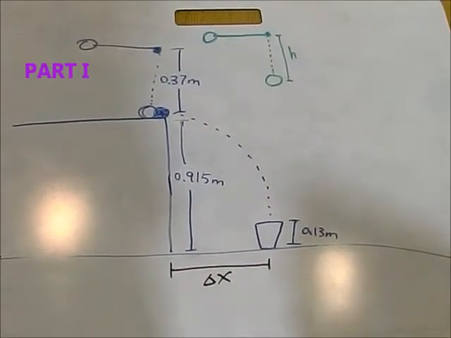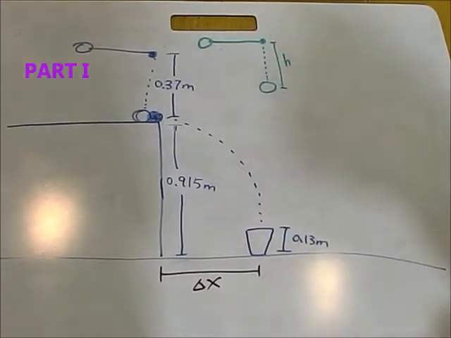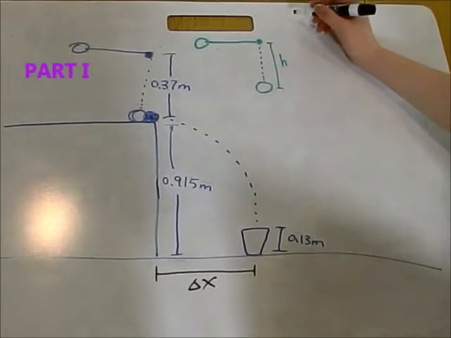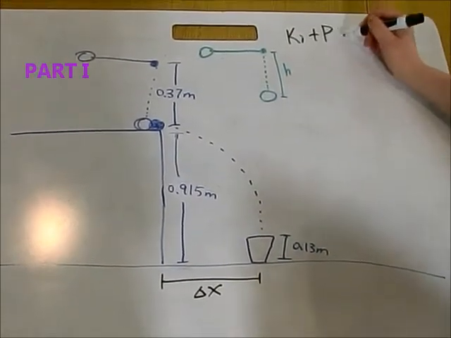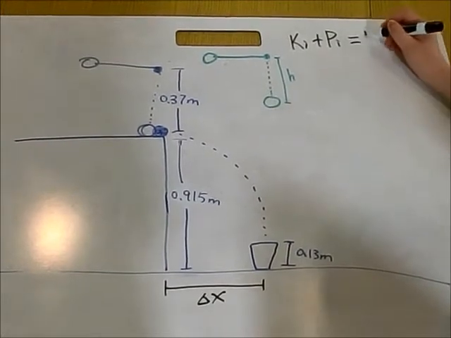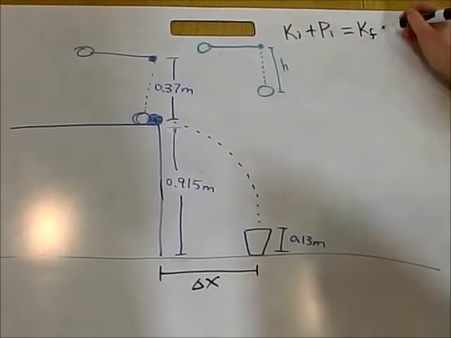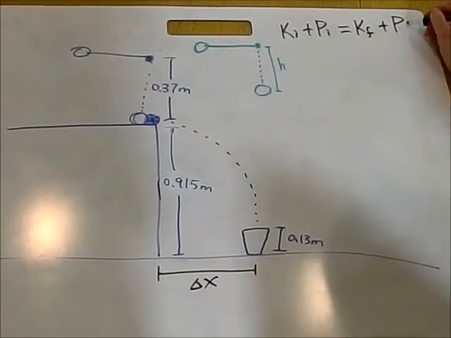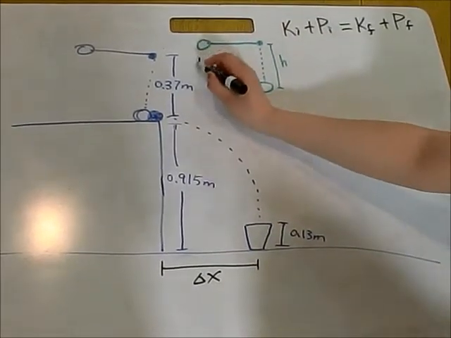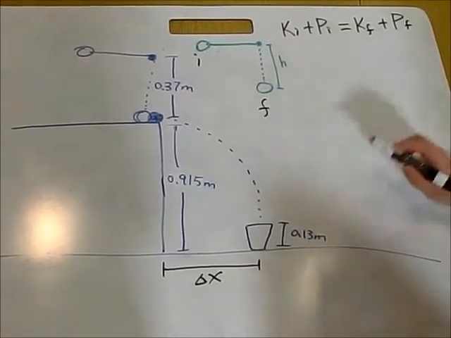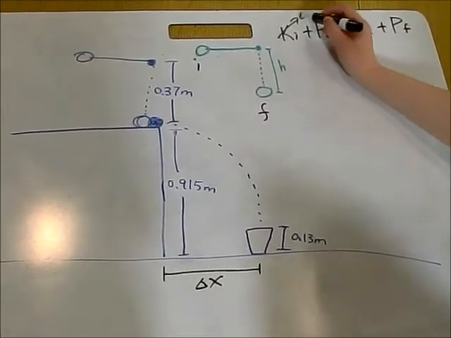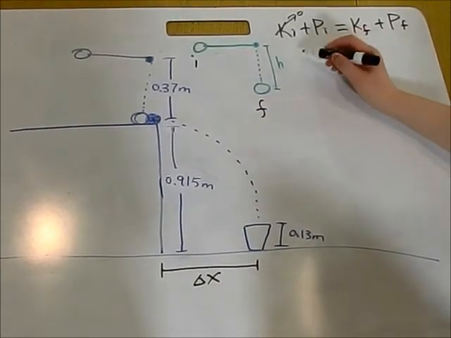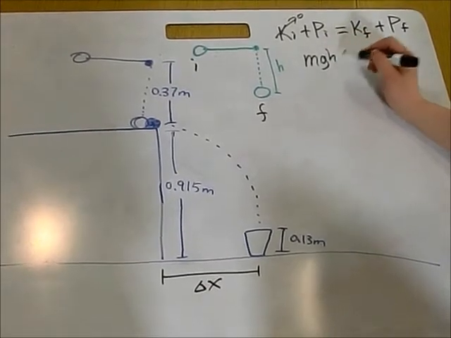For this problem, first we need to use the conservation of energy, which is kinetic energy initial plus potential energy initial equals kinetic energy final plus potential energy final. So this is the initial position, and this is the final position. At the initial position, the kinetic energy is 0 and the potential energy is mgh.